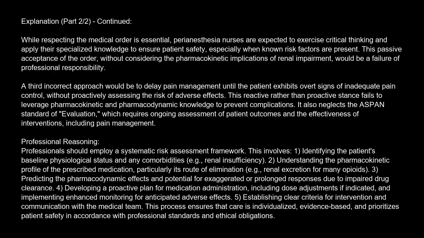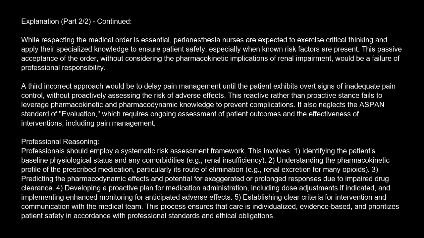This involves: 1. Identifying the patient's baseline physiological status and any comorbidities, e.g., renal insufficiency. 2. Understanding the pharmacokinetic profile of the prescribed medication, particularly its route of elimination, e.g., renal excretion for many opioids. 3. Predicting the pharmacodynamic effects and potential for exaggerated or prolonged responses due to impaired drug clearance. 4.